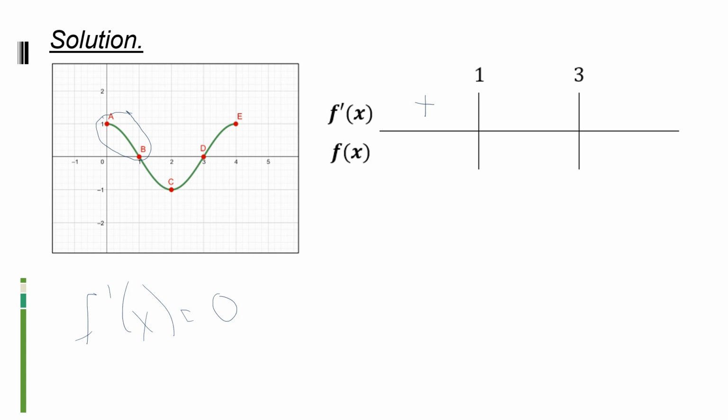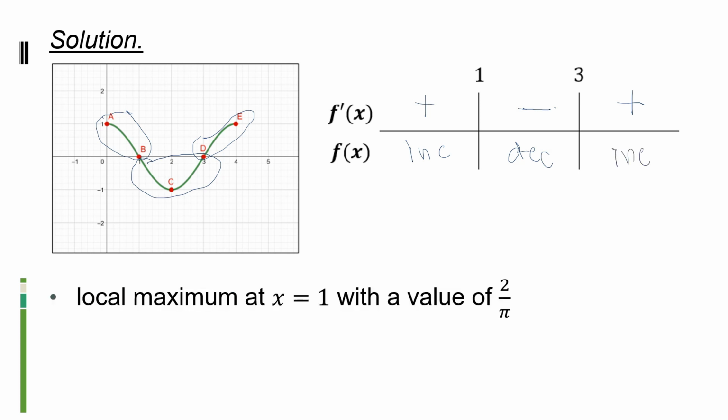From 1 to 3, where is the graph of our f prime? It is below, which means its values are negative. And finally, from 3 to 4, it is above again, so positive. What does this tell us? It says that from 0 to 1, f of x is actually increasing. From 1 to 3, f of x is decreasing, and from 3 to 4, f of x is increasing.